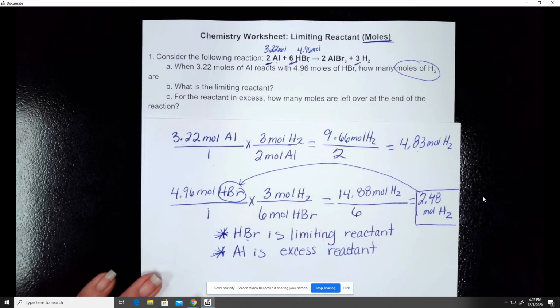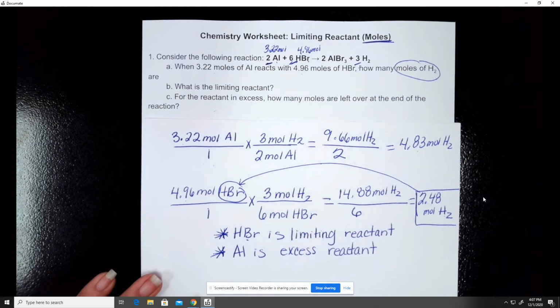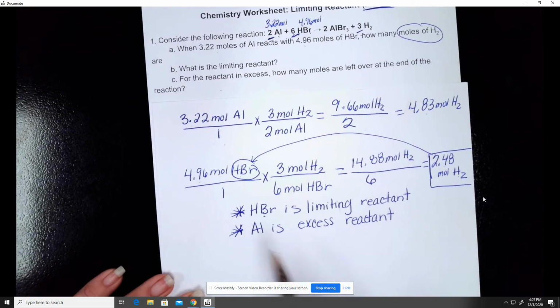All right, so by doing that calculation, we actually answered 2 of the 3 questions that we wanted to answer. Our last question said, how many moles are we going to have left over at the end of the reaction? To answer this question, we know that aluminum is our excess, but how much of our excess are we actually going to use?